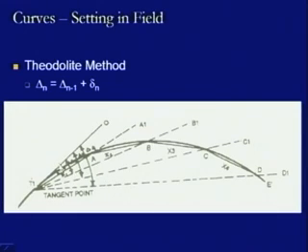So, capital delta n plus 1 will give you the capital delta n plus 1 value. That is how we keep on going further and marking the points at the point of intersection of this one and the deflected line of sight, and that is how we keep on computing the values, and this is the way by which the curves are set in the field.